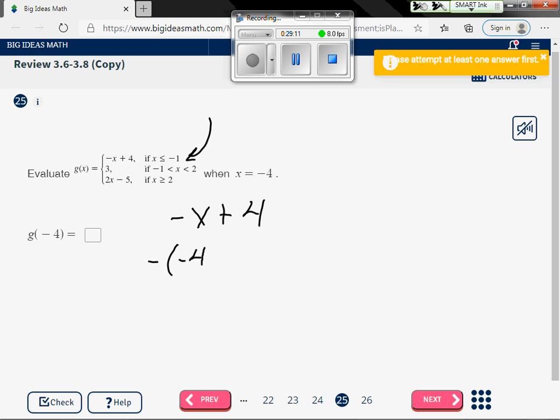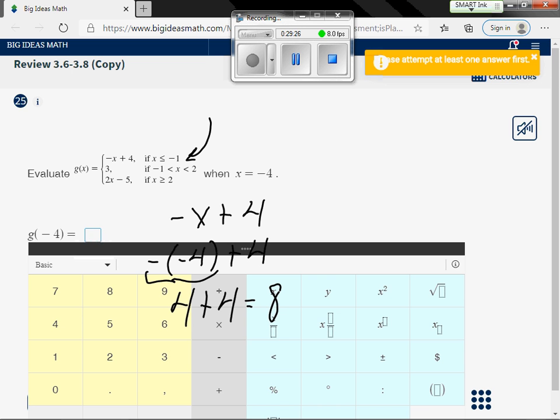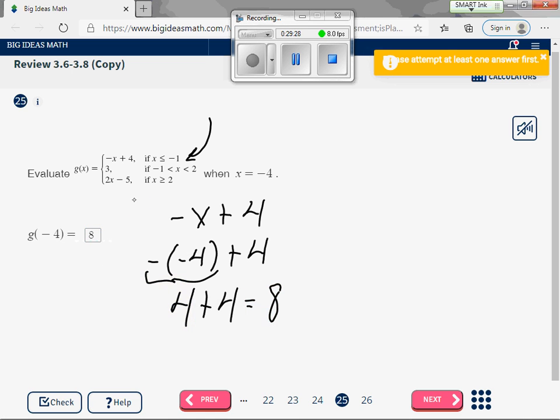We'll plug in -4 for x, and we'll get this negative. Well, negative and negative make a positive, so we would have 4 plus 4, which is 8. So the correct answer for this is 8. Any questions on this here so far?